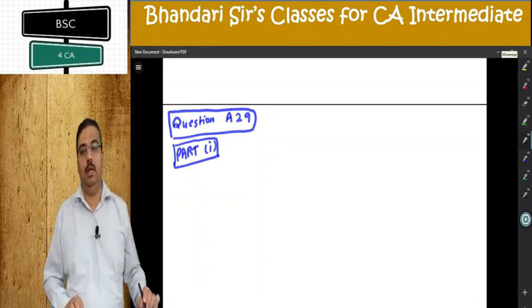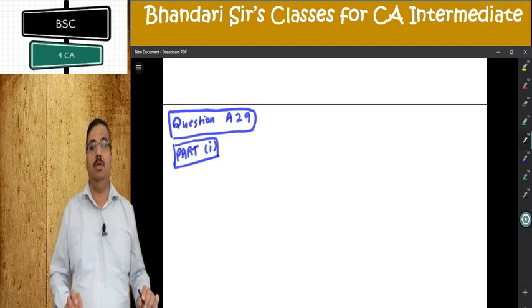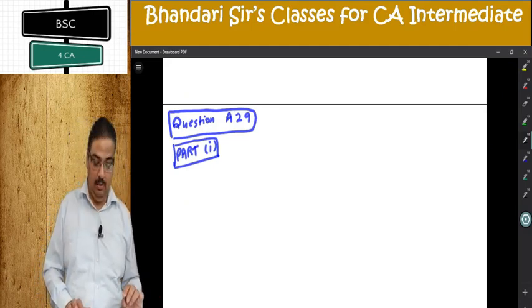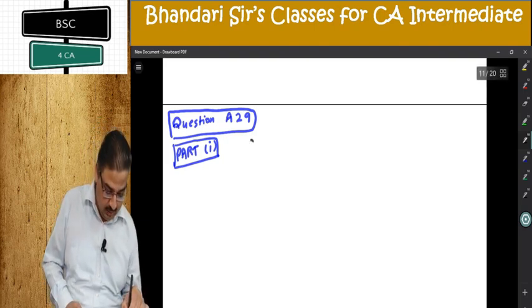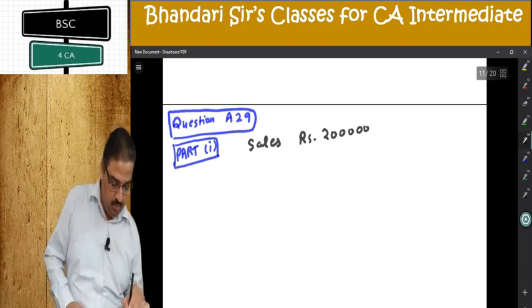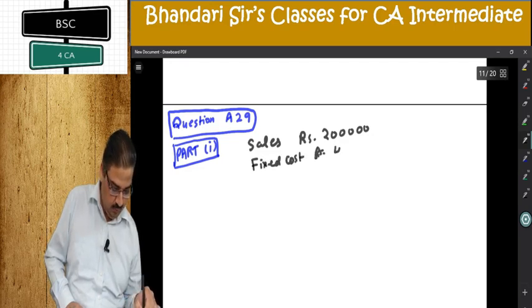So we are starting with the next one, which is A29. It carries two independent parts. Part 1 is what we are starting with. It gives me sales revenue rupees 2 lakh. Further, it gives me fixed cost rupees 40,000.